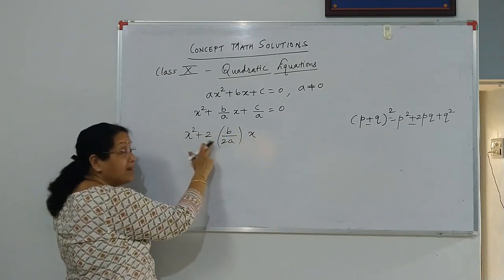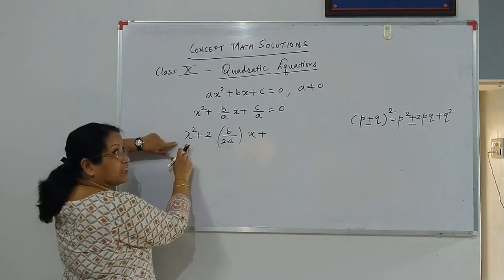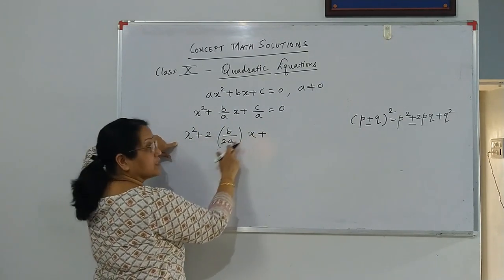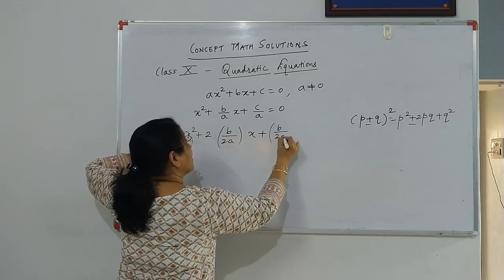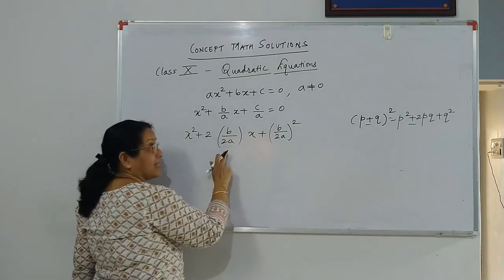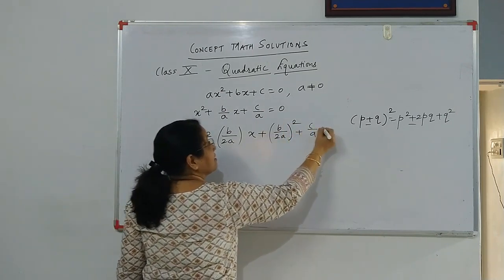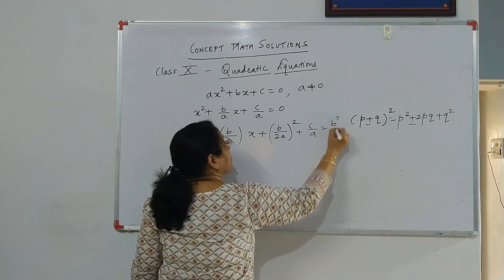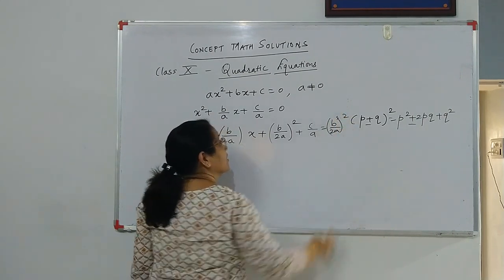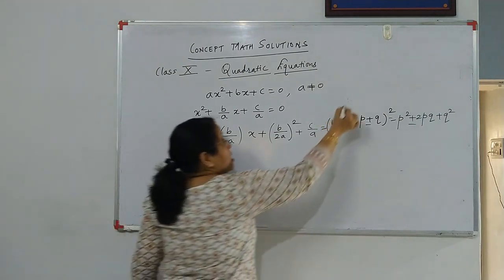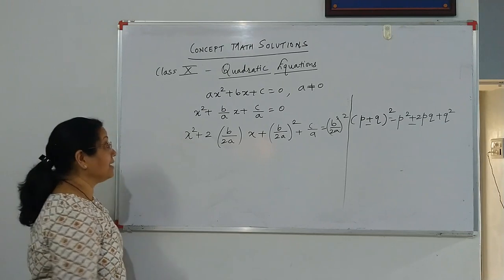Now square of the first term plus 2 times first term into second term, so we want the square of the second term, b by 2a whole square. This is our second term. Now plus c by a as it is, and this b by 2a whole square is added on the RHS also, because when you add something on the LHS, you must add it on the RHS also to maintain equality.